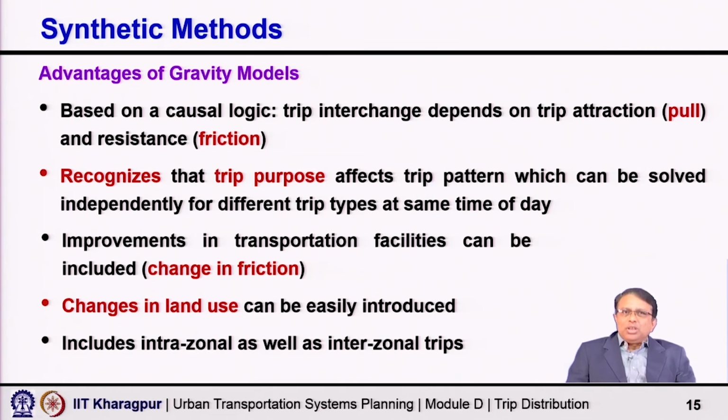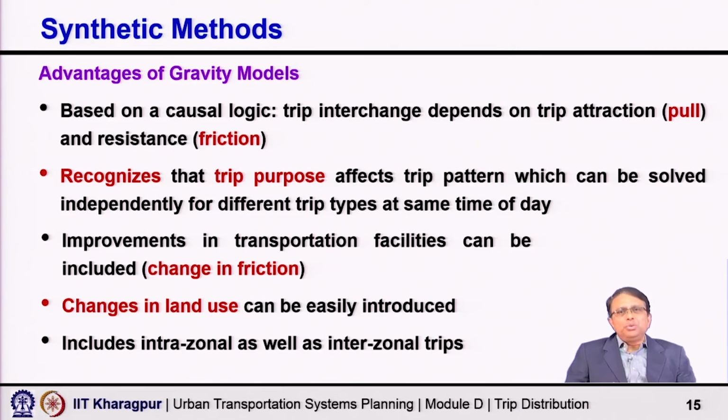Second, it recognizes that the trip purpose affects the pattern, which can be solved independently for different trip types at the same time of day. So, the effect of trip cost or travel time is not the same for all trip purposes. That can also be considered advantageous.